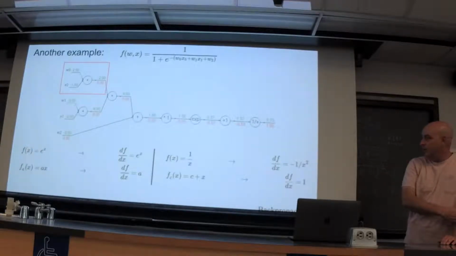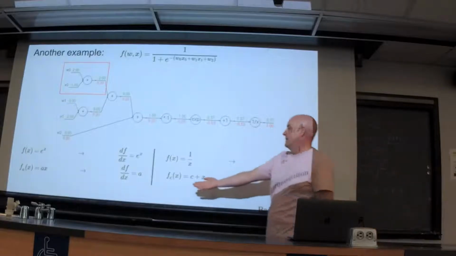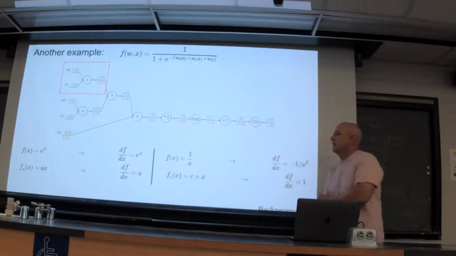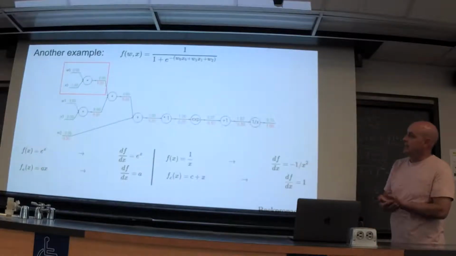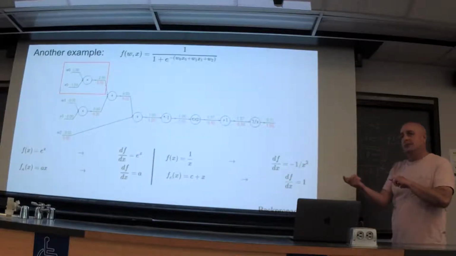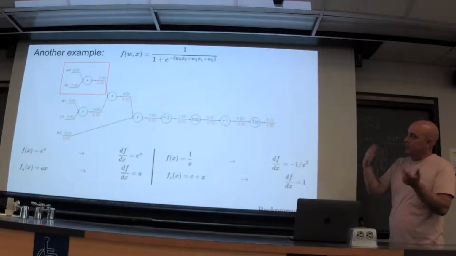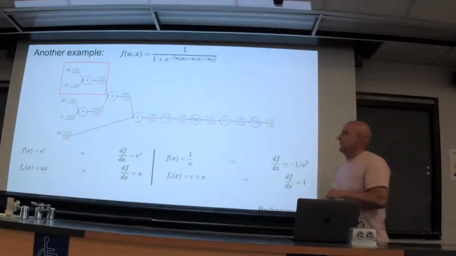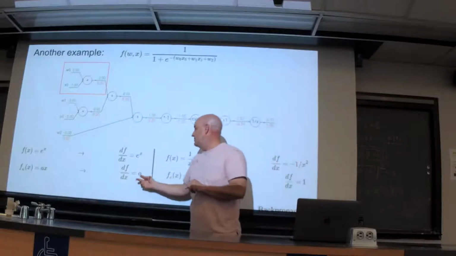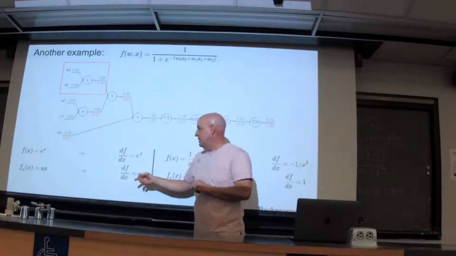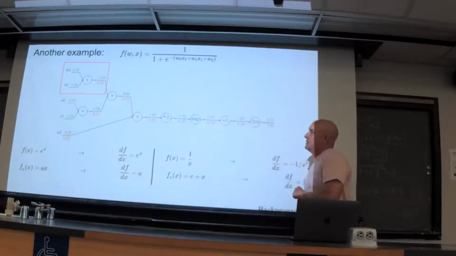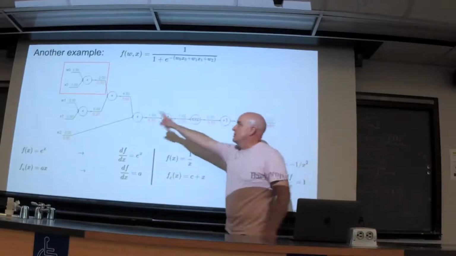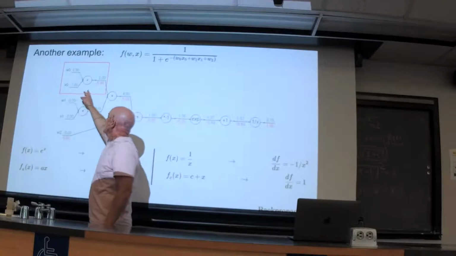So multiplication, we've got our formula here for the derivative of the product, a times x. One of those is going to be our variable, either x or w naught or x naught, and the other one will be our constant. When we take the derivative with respect to the input, we just get the constant. So if we do this with respect to w naught, what's the local gradient?